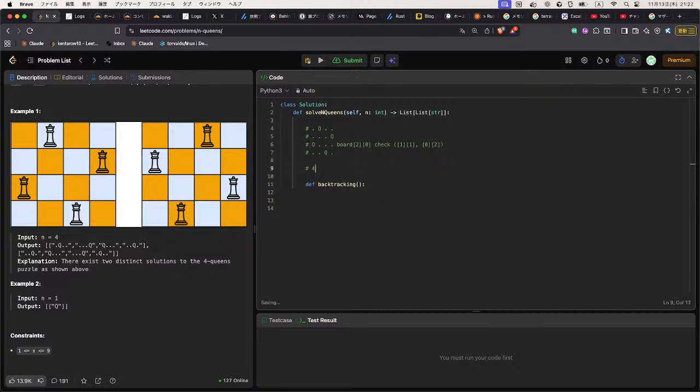So let me think. We have 4 options at first, and in this case we don't need to check diagonally, so 4 by 1. And for the second row, we have 3 options because we have already placed 1 queen, so we have 3 options, and we have to check it diagonally, and it takes a cost.